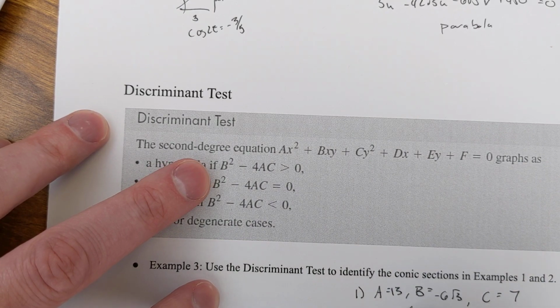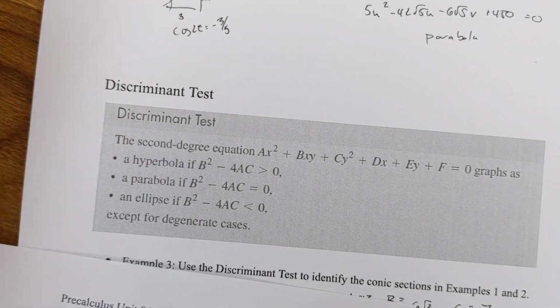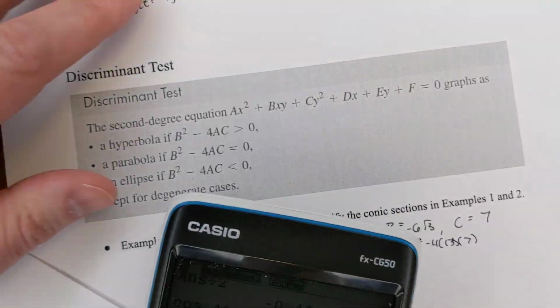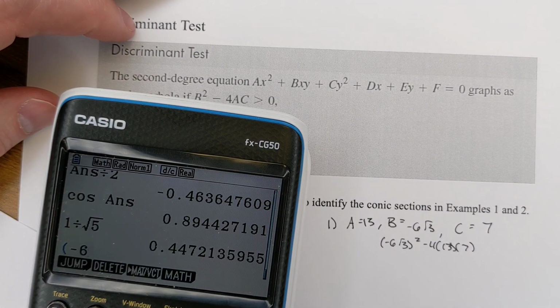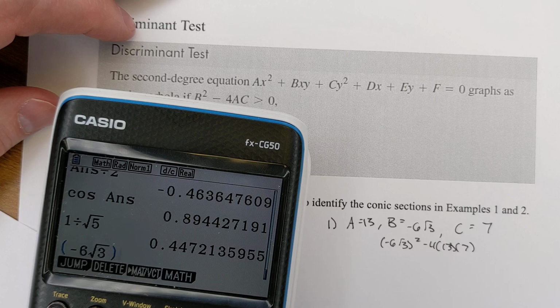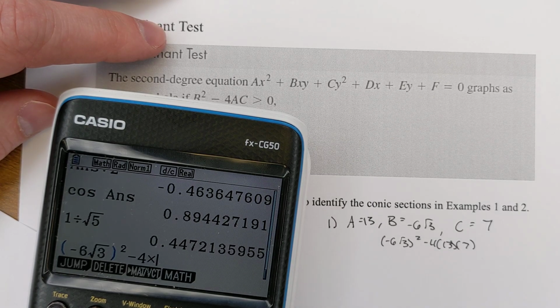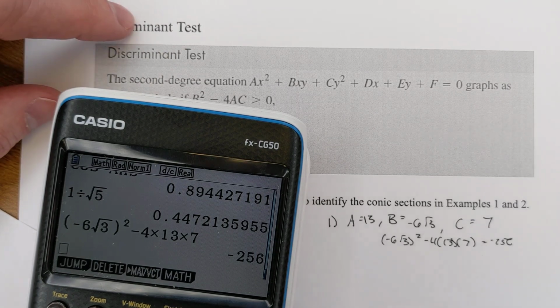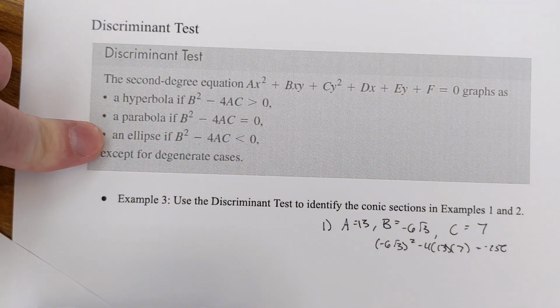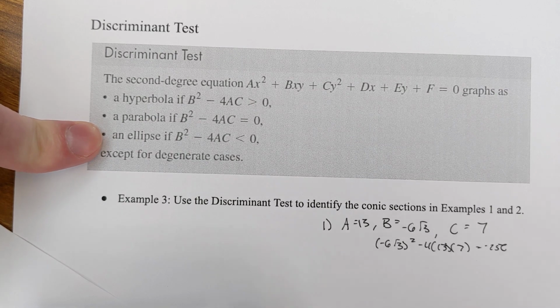So B squared, negative 6 root 3 squared, minus 4 times A times C. On the calculator, negative 6 root 3 quantity squared minus 4 times 13 times 7 gives me negative 256, which is less than 0, and that was an ellipse, which we already did.